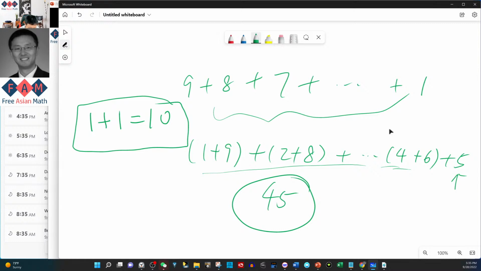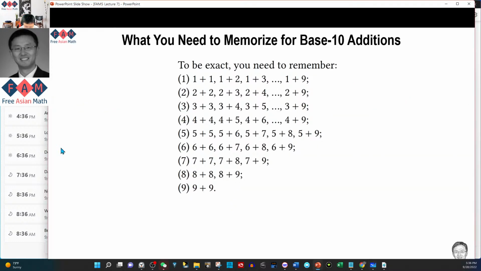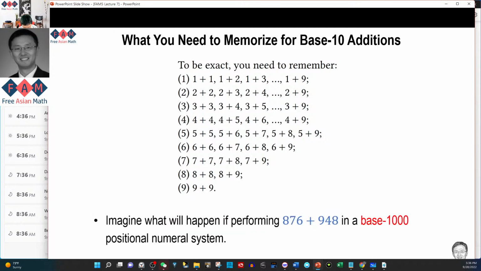Anyway, now just imagine what will happen if you perform this same addition, 876 plus 948, in the base 1000 positional numeral system. What does that mean?